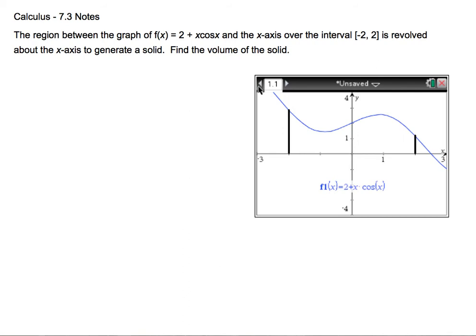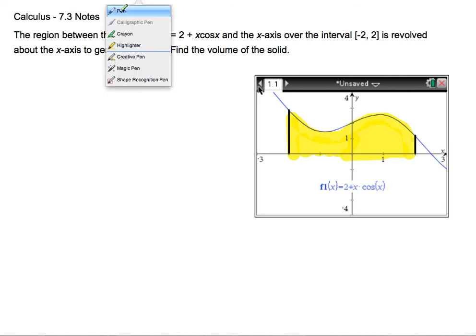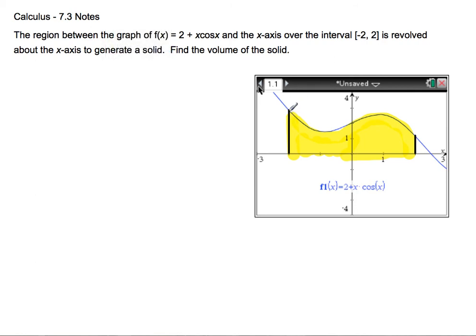Well, now what we're going to do is take this shape right here and see if I can highlight it very well. This area right here, this part of this curve. We're going to take this part of this curve right here, and I'm going to trace it. And what we're going to do is take this shape and we're going to rotate it around the x-axis.